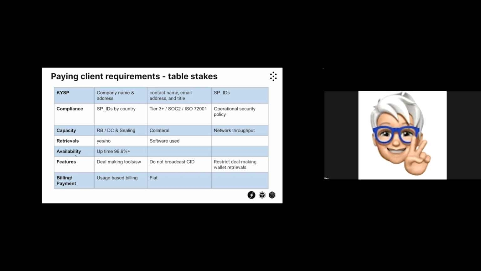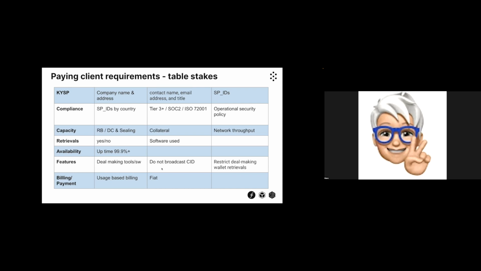So there is availability. There's also durability, which we'll talk about on the next slide. Features around what deal making tools, software are you using? The ability not to broadcast CID, and the ability to restrict retrievals from deal making wallets.